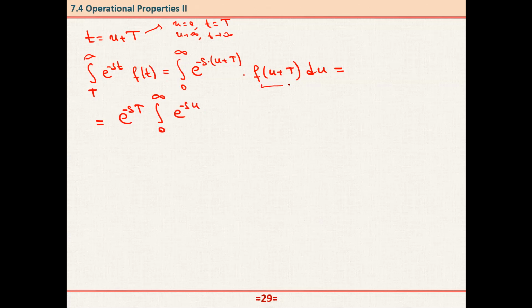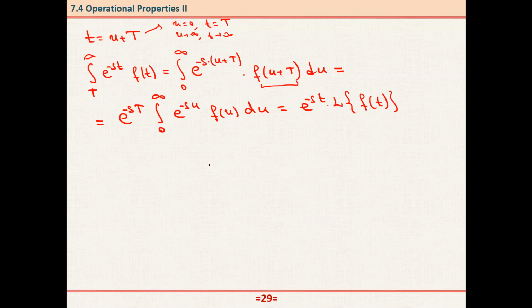And that is a periodic function, right? Instead of this, we can write f of u. And here we have du. And what is this thing? It's just the Laplace transform of this function, right? That is equal to e to the power minus sT, right? Times that thing, which is the Laplace transform of f of t, right?